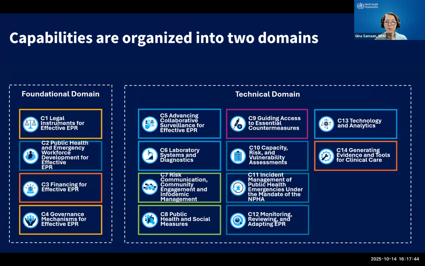My final slide will be to zoom in on one piece that I'm taking the opportunity, as being from the Western Pacific region, to give you an example of how NPHAs in our region are doing things that are relatively new in terms of what we have to deal with in public health, and that's around infodemic management.